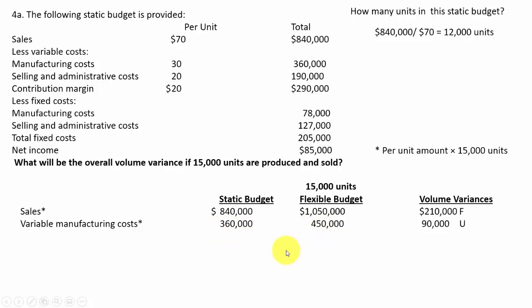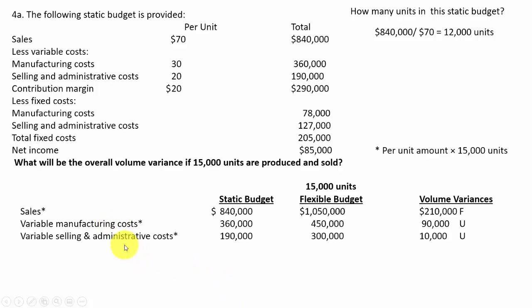That difference is $90,000, and it's unfavorable because this flexible budget number is higher than the static budget number, and it should be because we're making more units, right? We're going from 12,000 up to 15,000, so our variable cost should be higher.